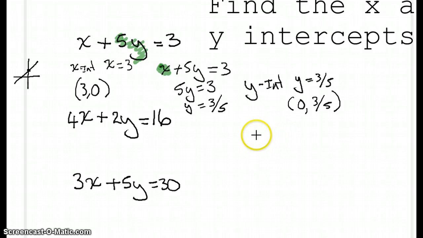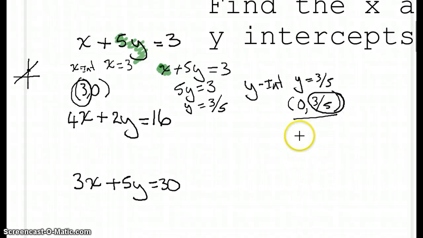I mean, if they ask for the x-intercept, they want to know when do I cross the x-axis. When they ask for the y-intercept, they want to know when do you cross the y-axis. But if you put it in an ordered pair, that's fine too. All right, so looking for the x-intercept. So I'm looking for when y is 0.